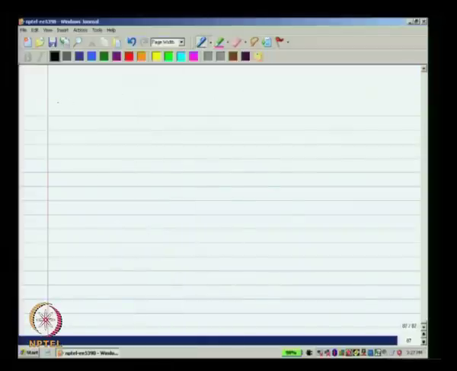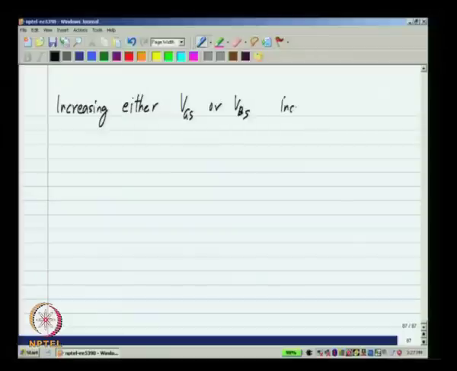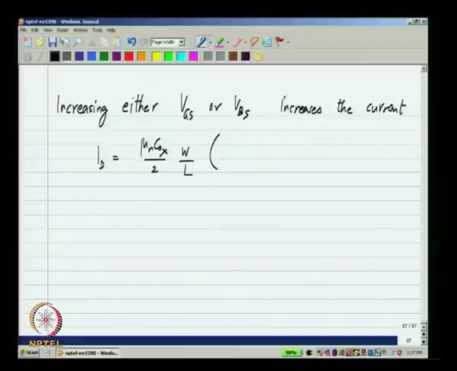Now, I said that increasing either VGS or VBS increases the current, okay. And the equations that we had were mu Cox by 2 W by L (VGS minus VT) square times (1 plus lambda VDS).